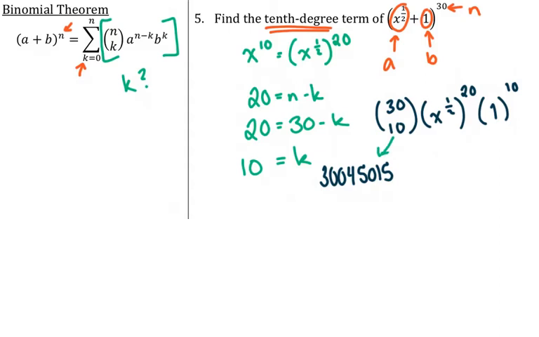Use your calculator. Then we have x to the 10th, just like we wanted here, and then finish up with 1 to the 10th, which is times 1, which doesn't actually make a difference in our final term. So the 10th degree term of this polynomial is 30,045,015 x to the 10th.